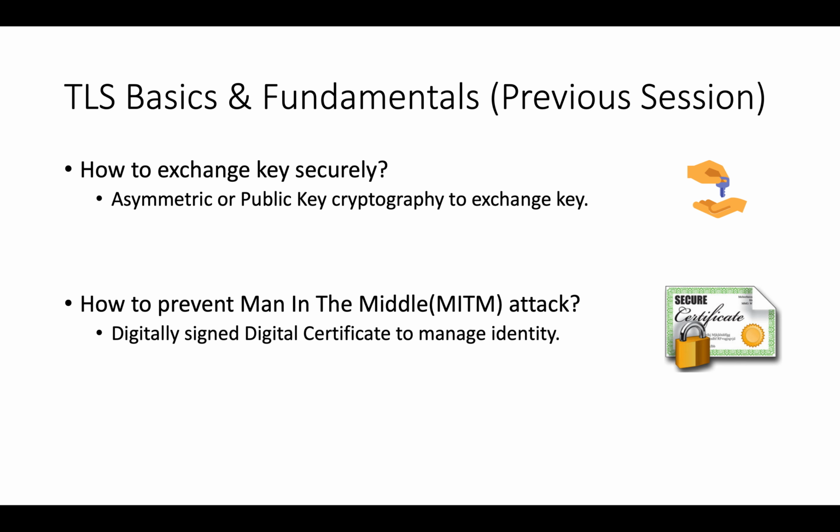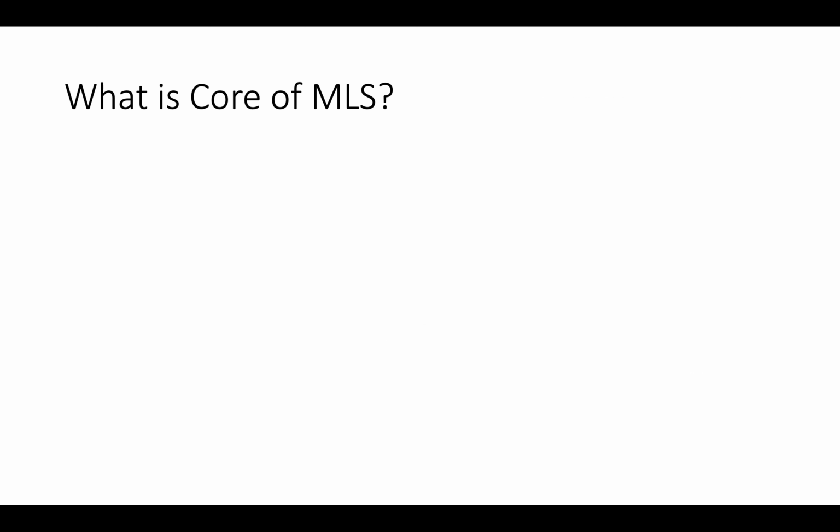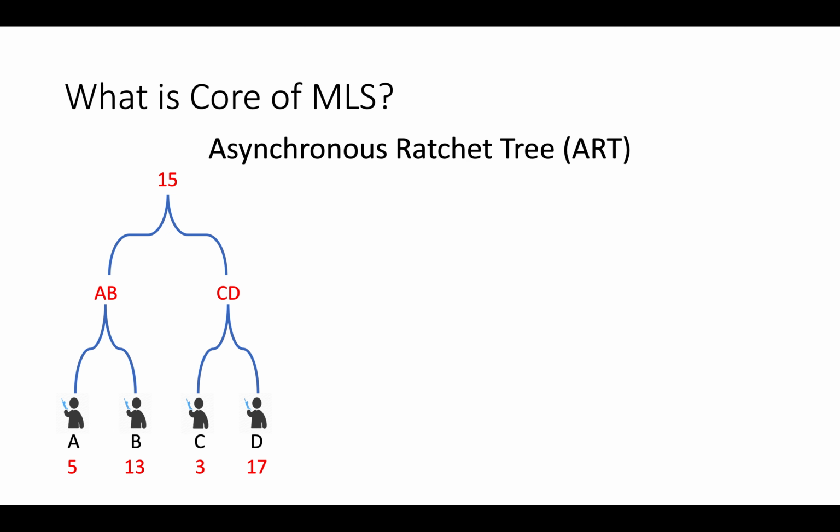Before starting our session, let's see what is the core of MLS. Asynchronous ratchet tree. This is what a typical asynchronous ratchet tree looks like. Here you can see that A, B, C and D are actual users and all of them have secrets, as you can see: 5, 13, 3, 17. These secrets are completely private and they are not shared with anyone.